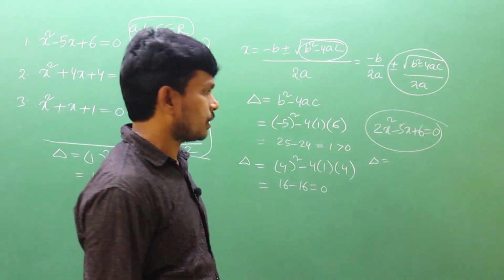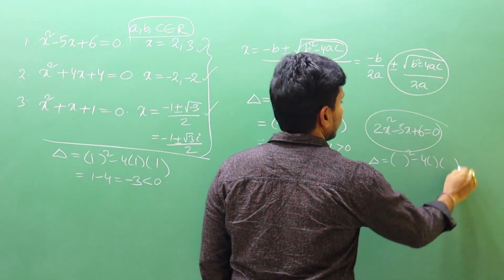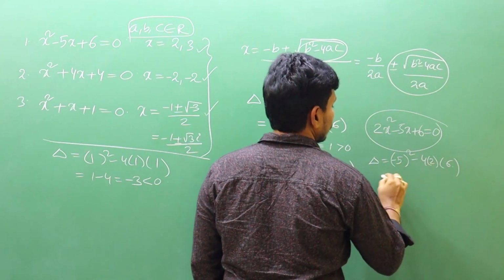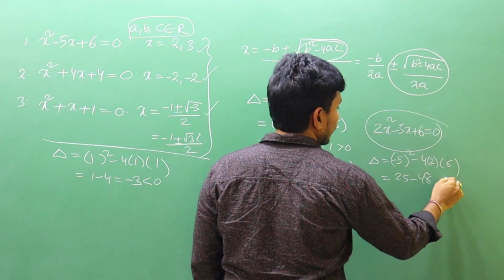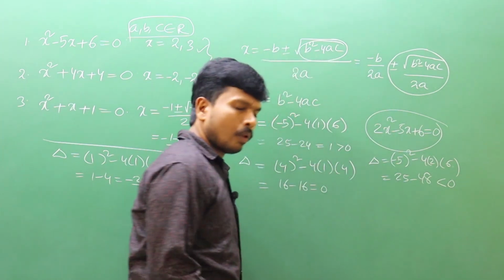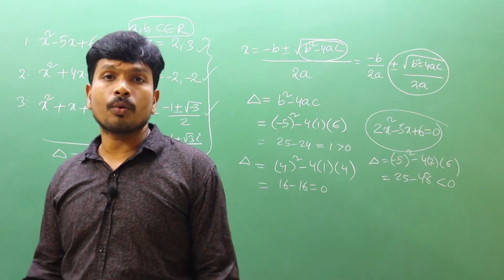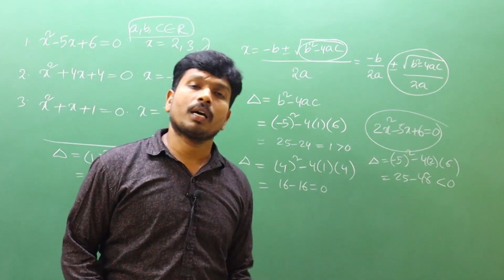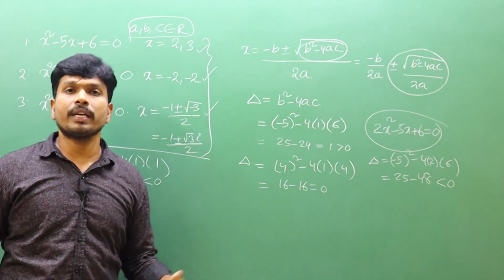After that, check it. b square minus 4ac, b value minus 5, a is 2, c is 6. 25 minus 4 2s are 8, 8 6s are 48. Negative. Whatever it may be, that value is negative. Delta less than 0, then no real roots. What is the nature? No real roots. Otherwise, roots are complex numbers, conjugates to each other.